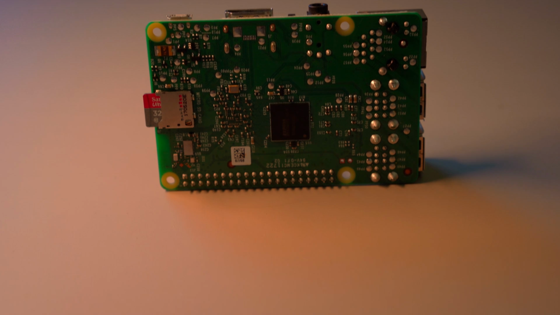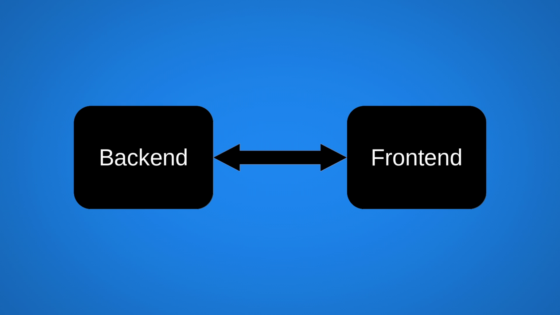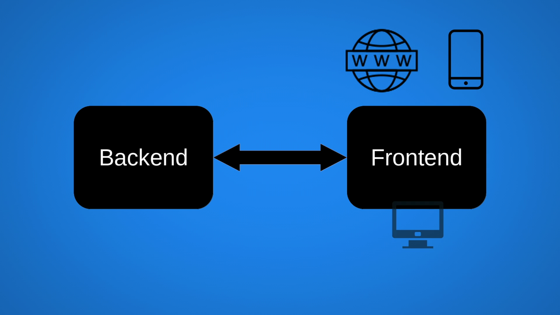These videos will mostly focus on the backend or the cloud solution for the application, including software development and communication between backend and the frontend. This is a helicopter view of a solution where you have a backend and a frontend part. The frontend could be a homepage, mobile or desktop app.